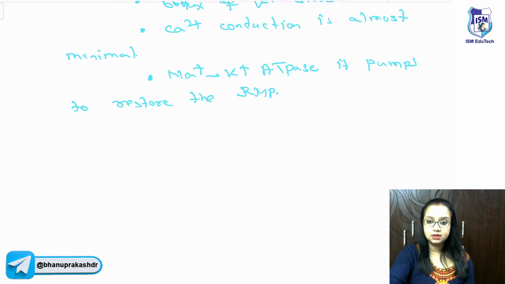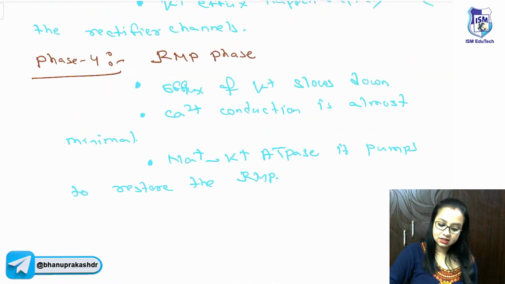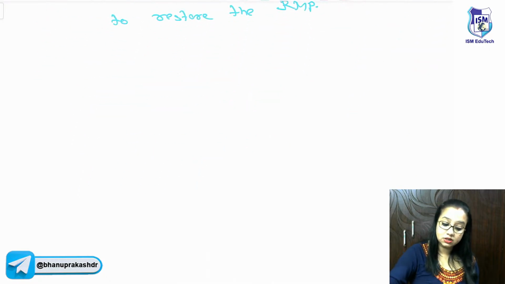This is what happens. So these are the 5 phases of the fast response in the cardiac muscle, that is the atrium and the ventricle. Now this is what the muscle shows.